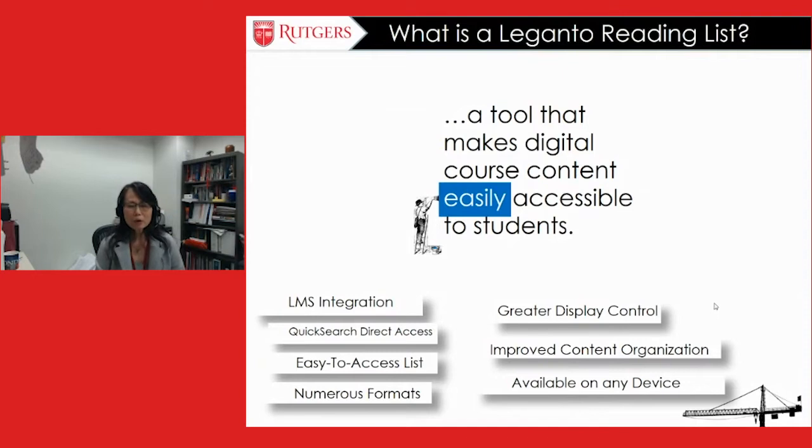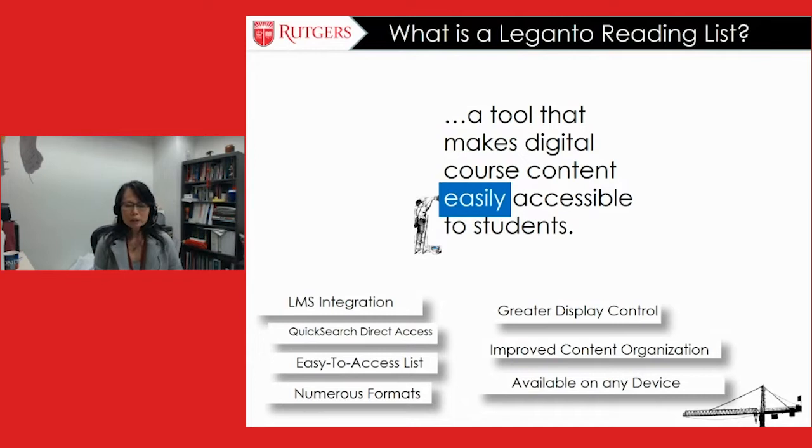The best part, I think, is that this tool connects to the library's quick search and pulls resources directly from the library collection. And it accommodates many formats, for instance, full-text journal articles, ebooks, streaming videos, scanned documents, and also links from the web, and a lot more.